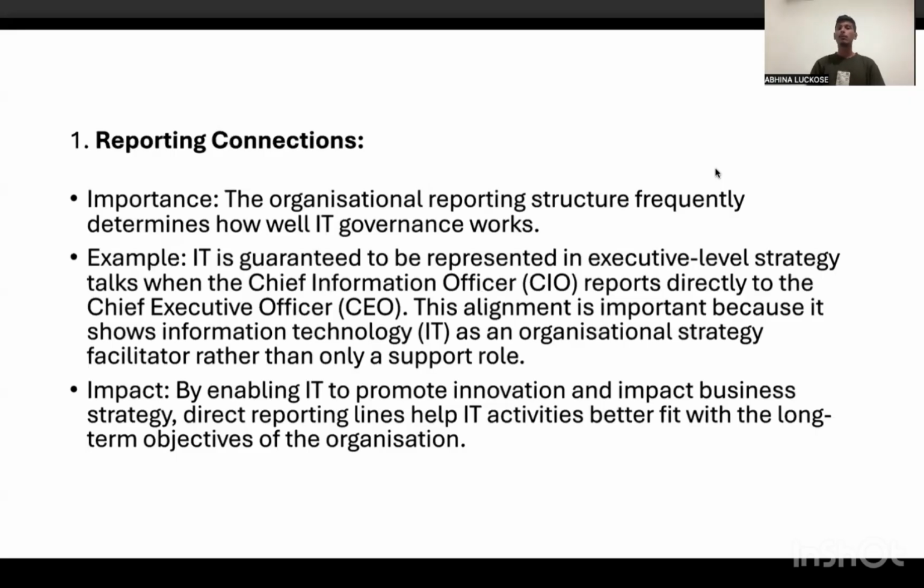This alignment is important because it shows IT as an organizational strategy facilitator rather than only a support role. The impact is that by enabling IT to promote innovation and influence business strategy, direct reporting lines help IT activities better fit with the long-term objectives of the organization.